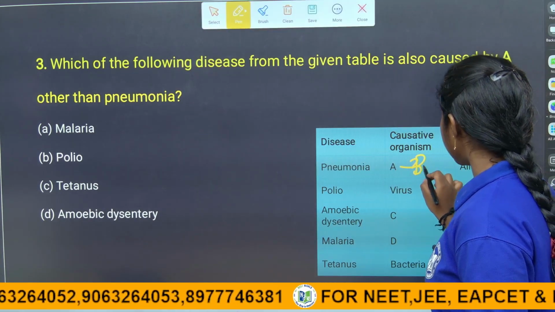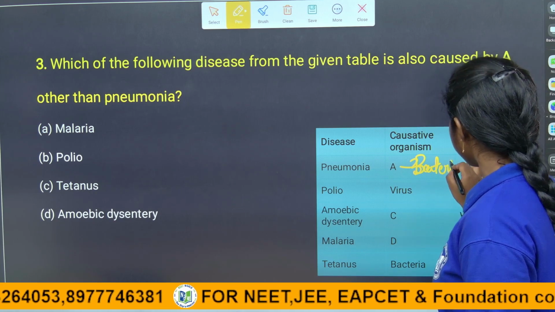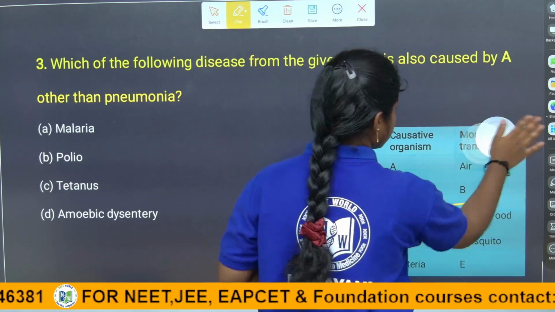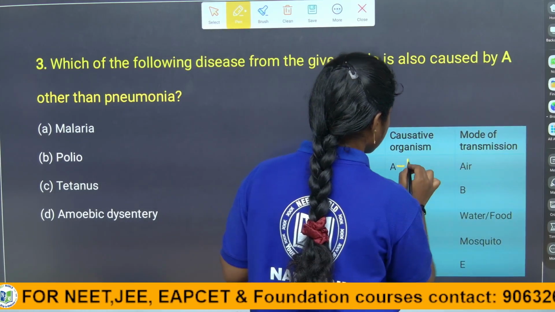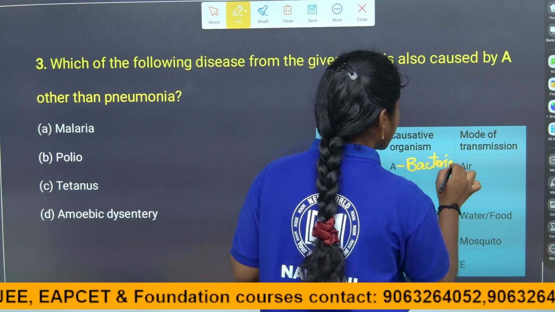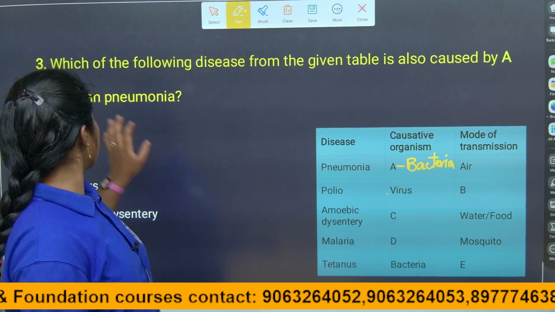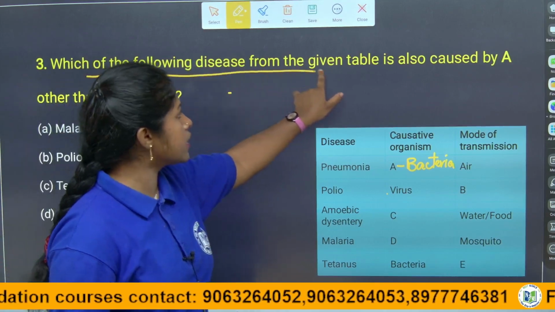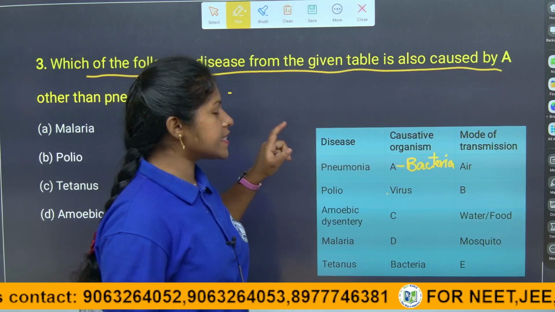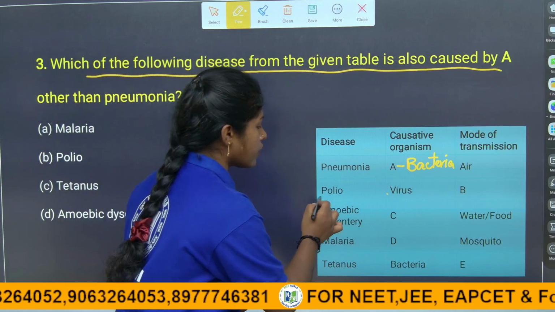Is any other disease caused by the bacteria, they are asking. For the causative agent A, the same one in the table. Here polio is a virus.